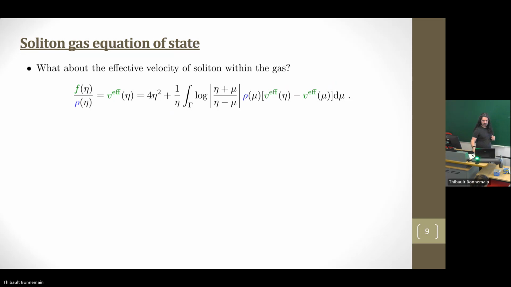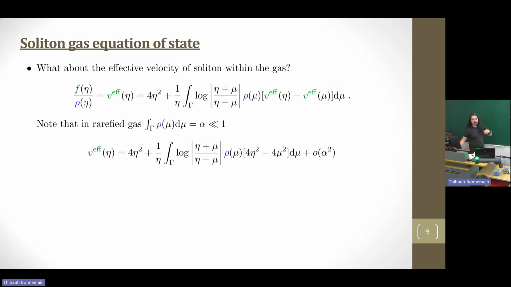Okay. Right. So we can also easily recover the effective velocity for Zakharov's soliton gas by looking at this equation. You iterate once this integral equation, and then you take the limit of low spatial density, so that you neglect the global integral terms.